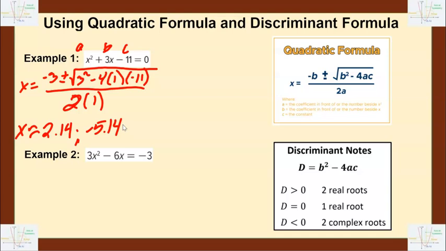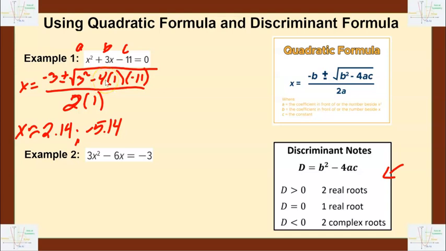So that's using the quadratic formula. Now what does the discriminant tell you? The discriminant tells you how many solutions and what kind of solutions you're going to have. So if you look in the table down below here, when the discriminant is greater than 0, so when it's positive, you're going to have 2 real solutions, or 2 real roots. So the example that we just did gave us 2 real roots.